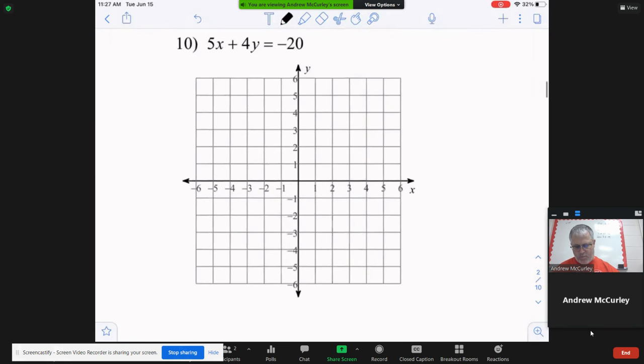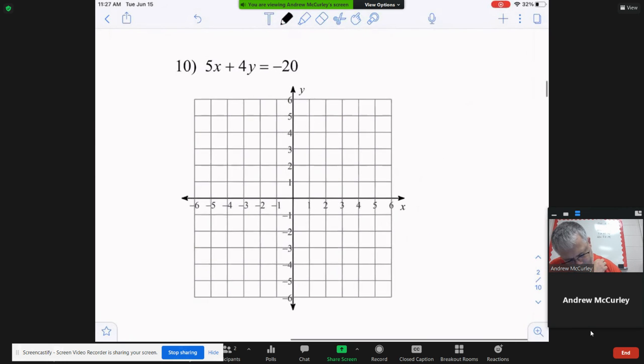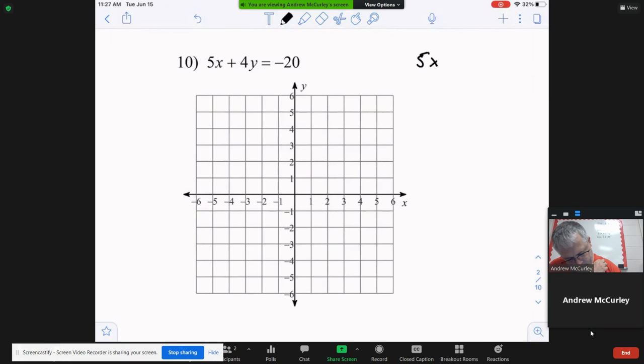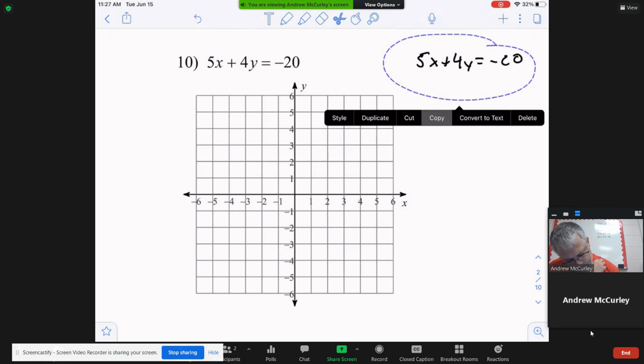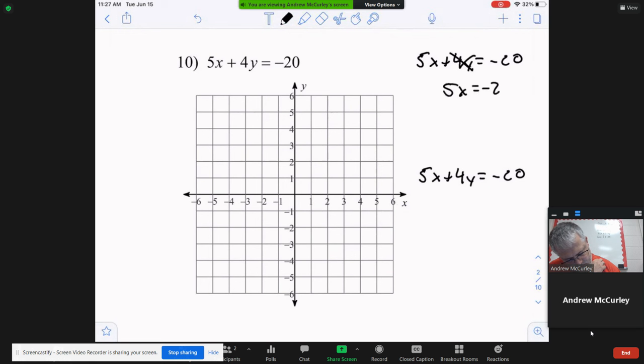All right, one more. And this one we can do again. I'm going to write it twice. Plus 4y equals negative 20. So I get rid of the y. 5x equals negative 20.